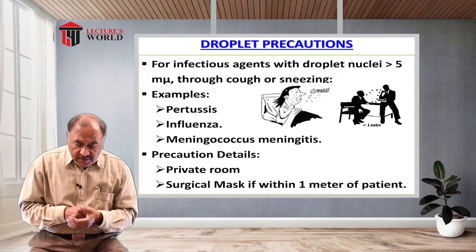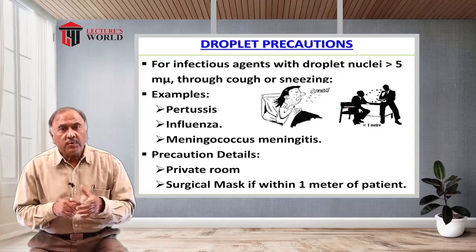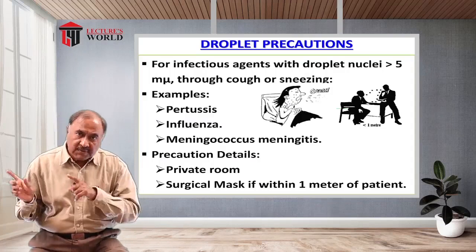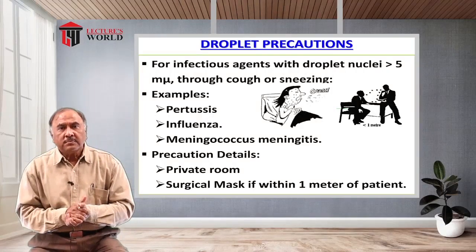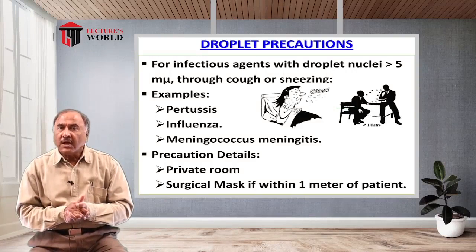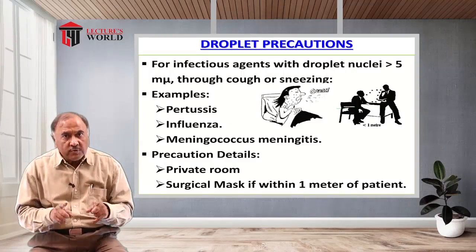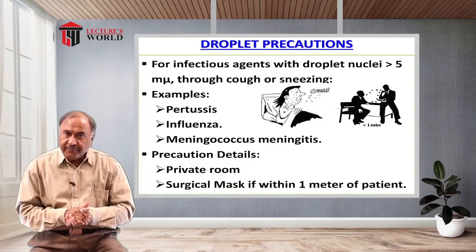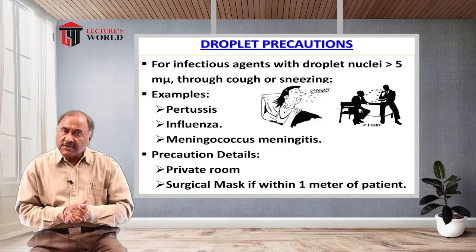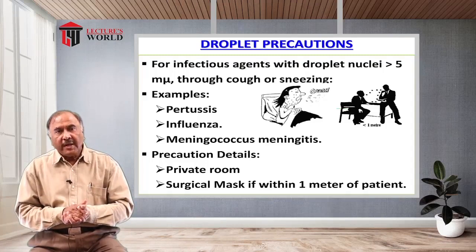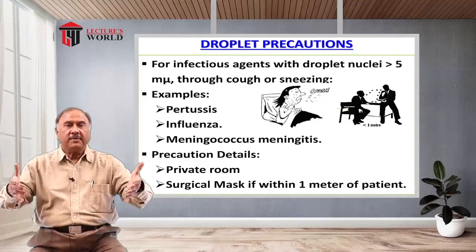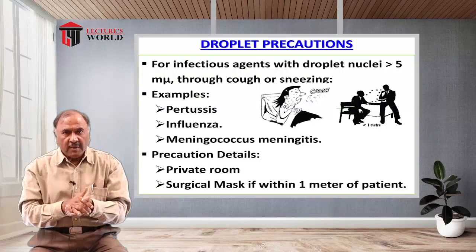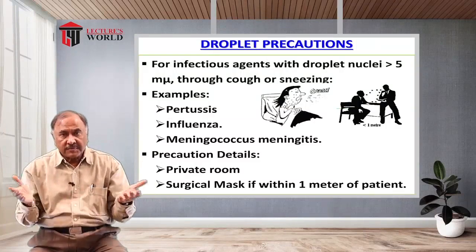What are the precautionary details? You have to use private rooms as far as possible. Do not allow any other person to enter that room. Separate individual isolation rooms have to be used for such pathogens, and a surgical mask is needed if anyone is near that patient, including nursing staff, doctors, or visitors, relatives.